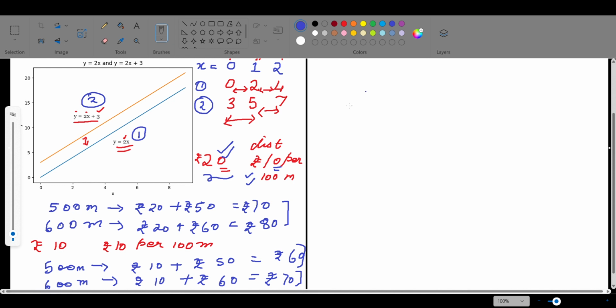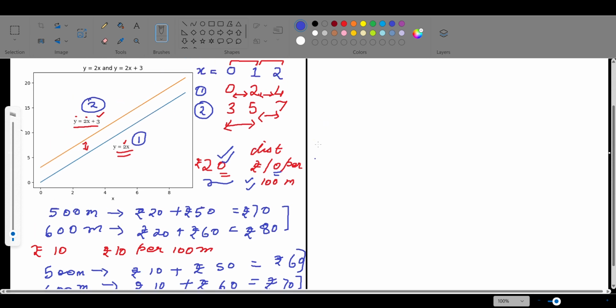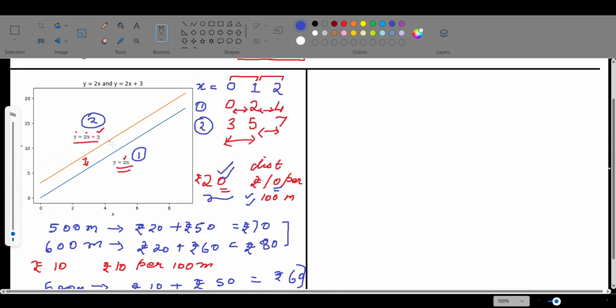Also, just as an additional challenge, try differentiating or using the fundamental theorem of calculus to find the slope of this equation too, y is equal to 2x plus 3. You'll notice that the slope is still the same. It's still 2. Because if you remember, a constant getting differentiated is equal to 0.